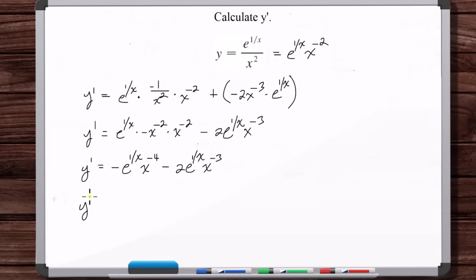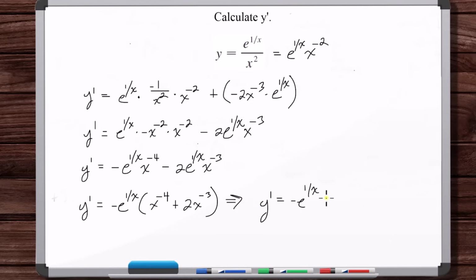So let's factor out a minus e to the 1 over x. So we've got and that's the derivative.